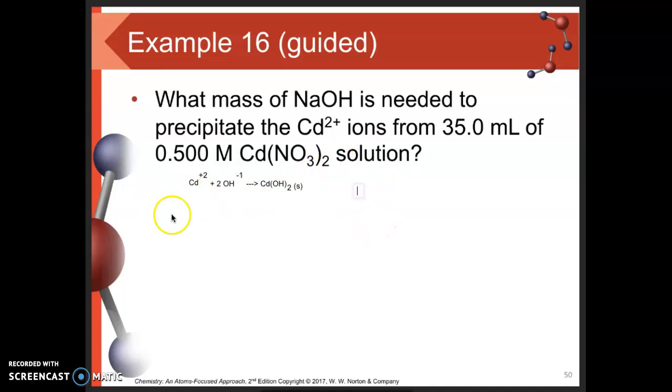So there's my balanced chemical equation, which is what I need for any stoichiometry calculation.